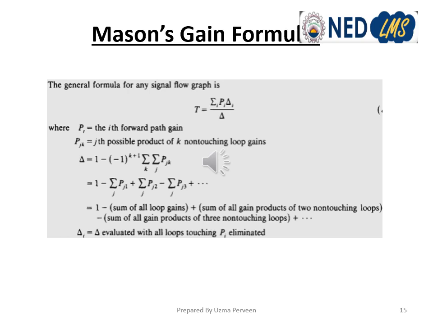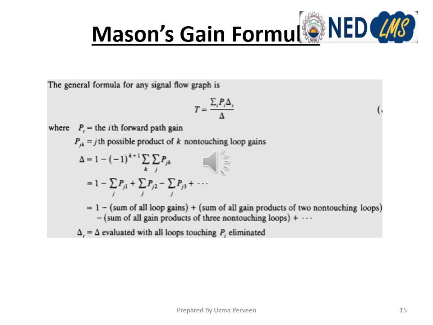For example, if in your signal flow graph you have two forward paths, then the formula will become P1 del 1 plus P2 del 2 upon del. Or if you have three forward paths, the formula will be P1 del 1 plus P2 del 2 plus P3 del 3 upon del.